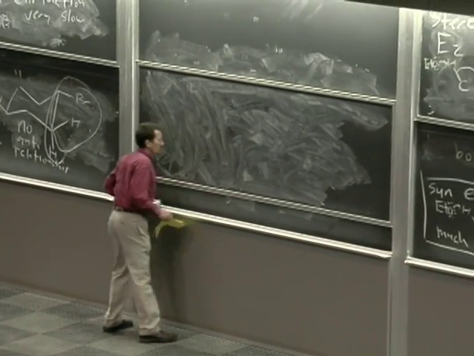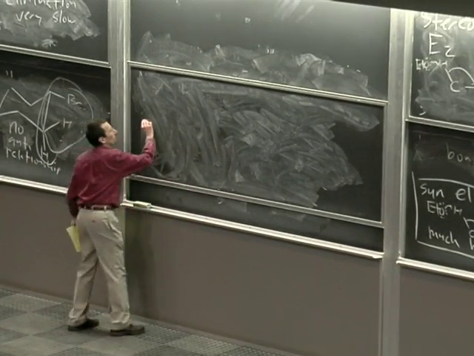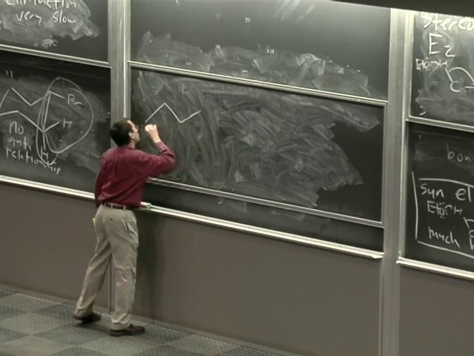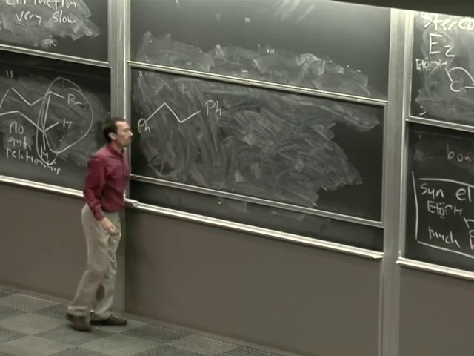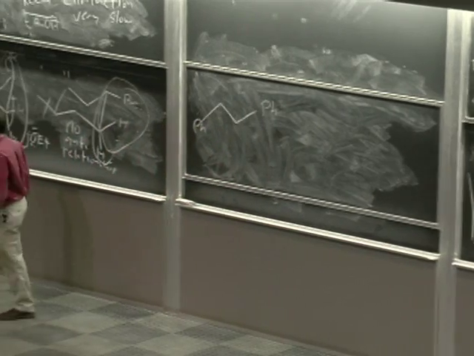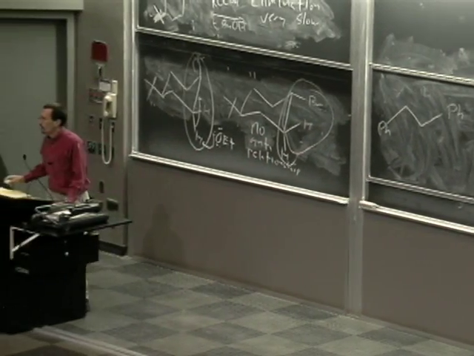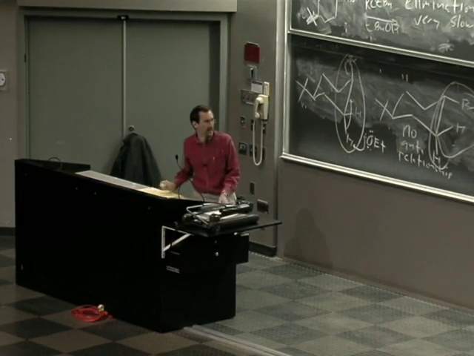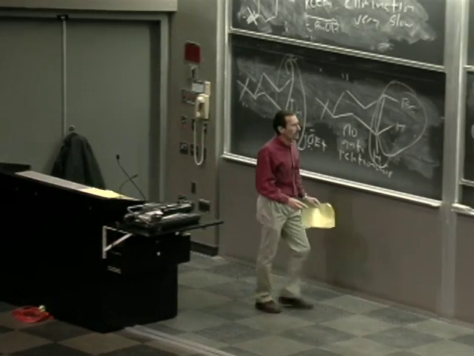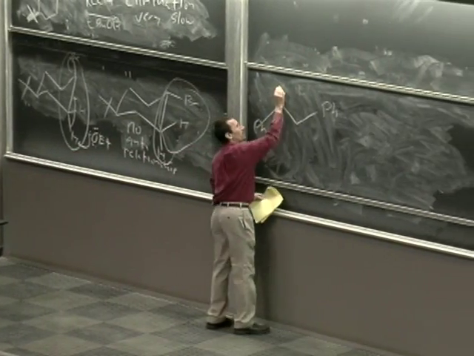But this one is also very cool. I want to start with two different stereoisomers of 1,2-dibromo-1,2-diphenylethane. So I'm going to start with the chiral stereoisomer.